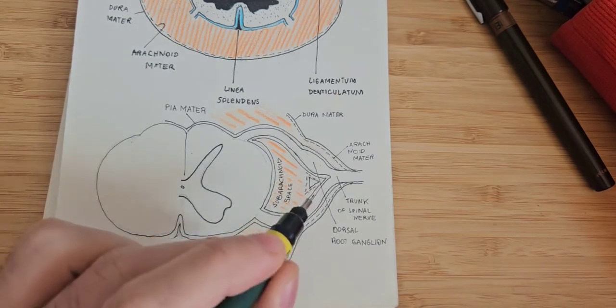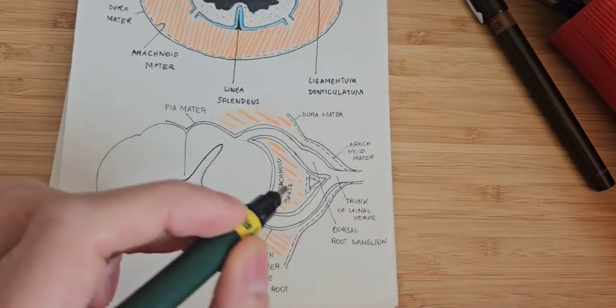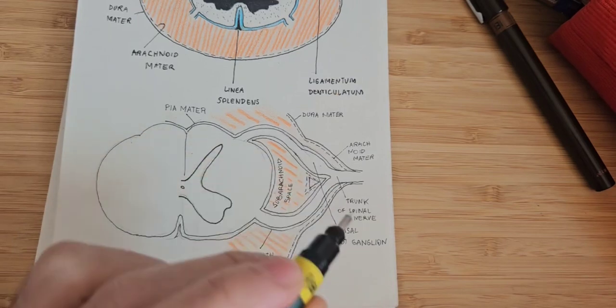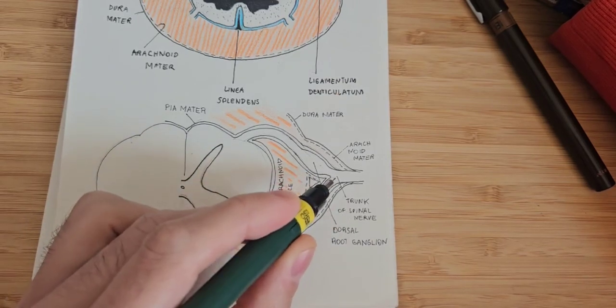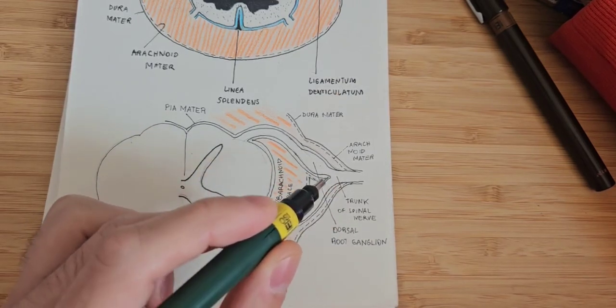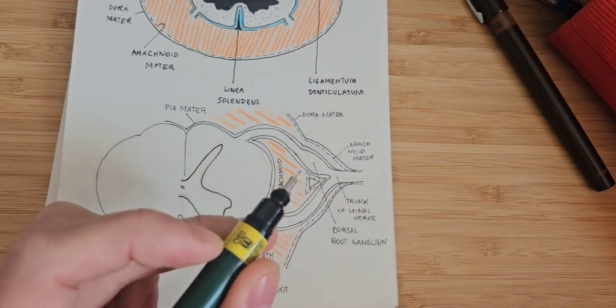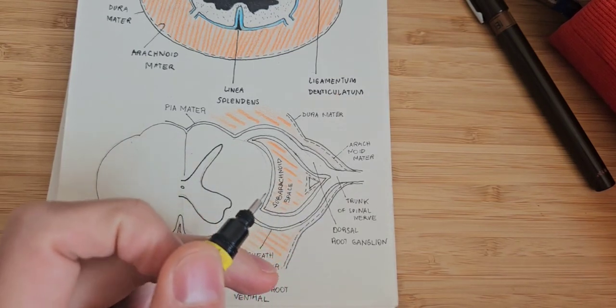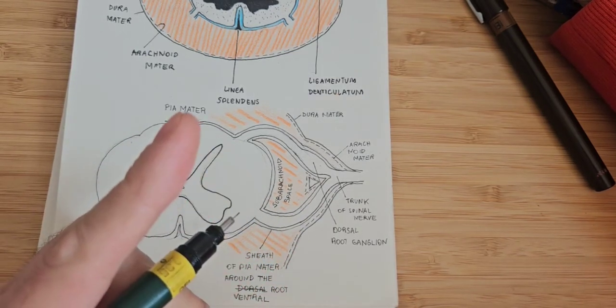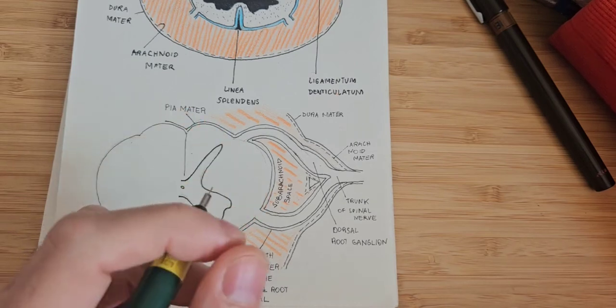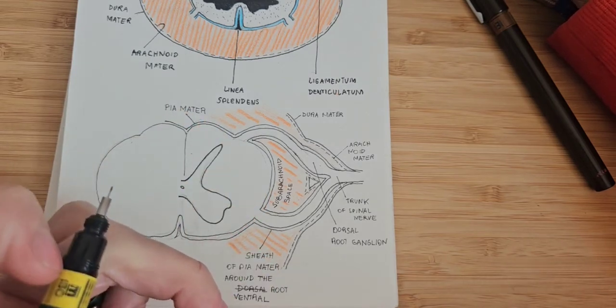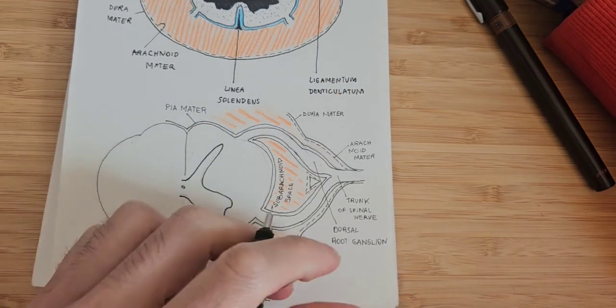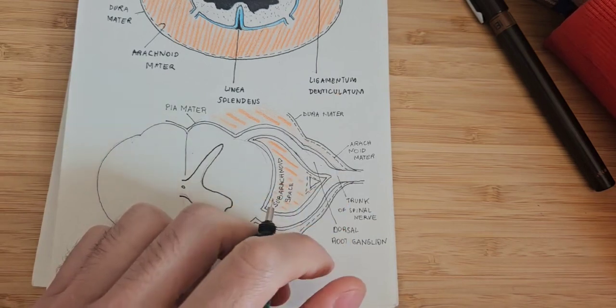Now, entrapment or injury to the spinal nerve trunk usually can result in plexus injuries, such as brachial or lumbar plexus injuries, and it can lead to widespread motor and sensory deficits.